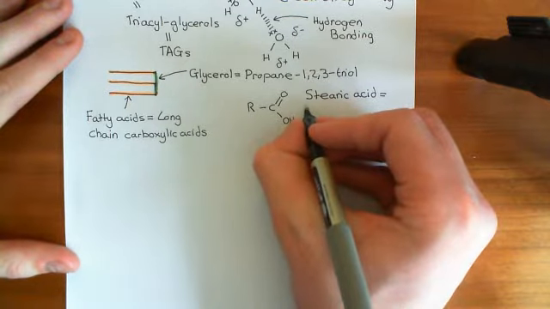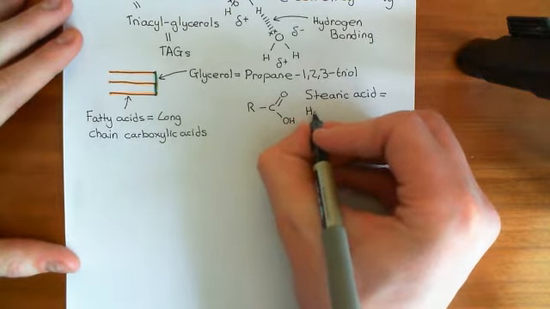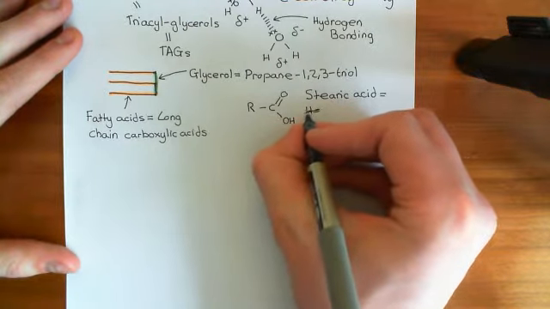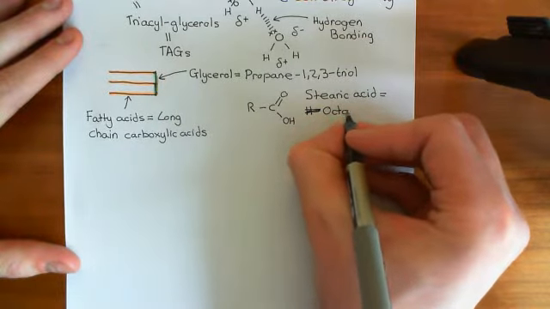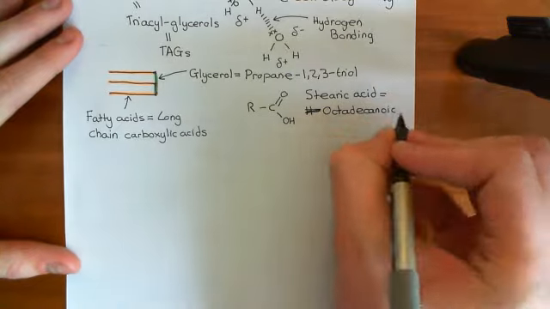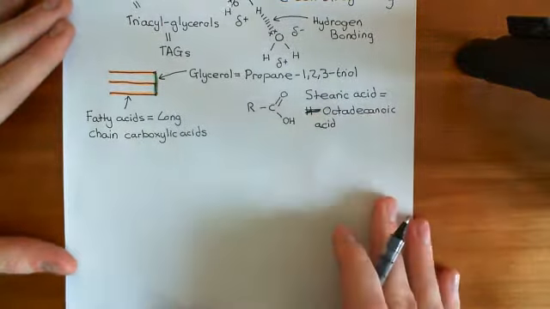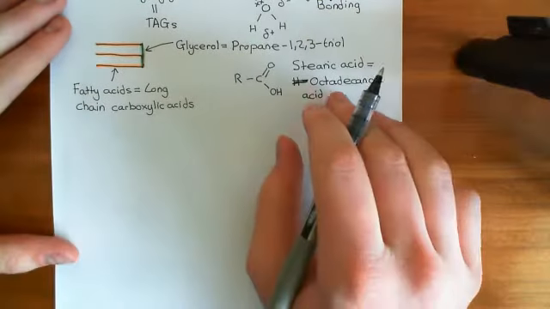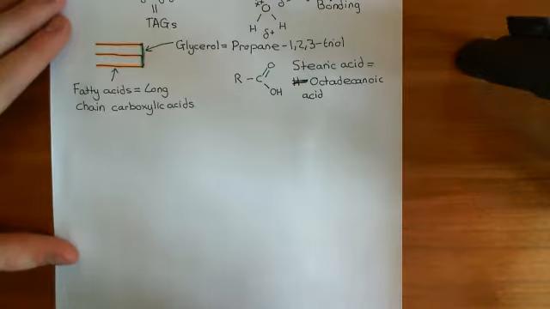So, the proper name for stearic acid is octadecanoic acid. Hexadecanoic acid is palmitic acid. Again, although octadecanoic acid is a little bit of a mouthful, it's a better name because it tells us exactly what we're dealing with here, whereas stearic acid doesn't tell us what we're dealing with.